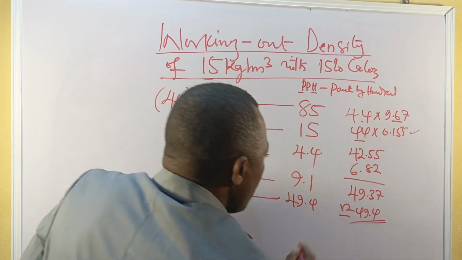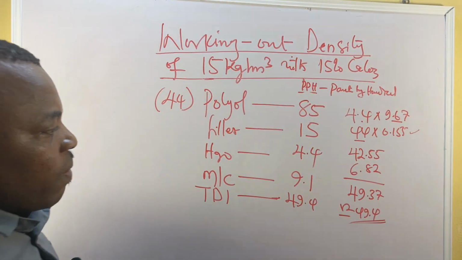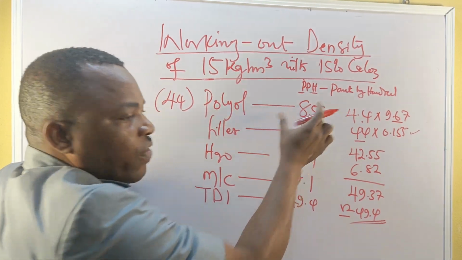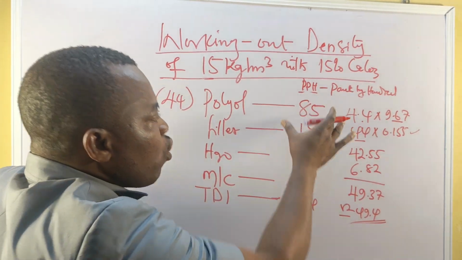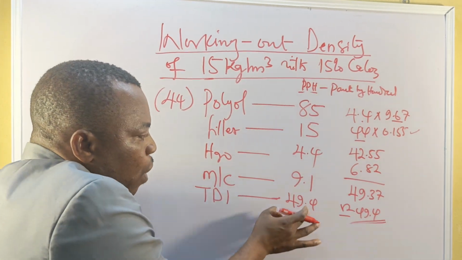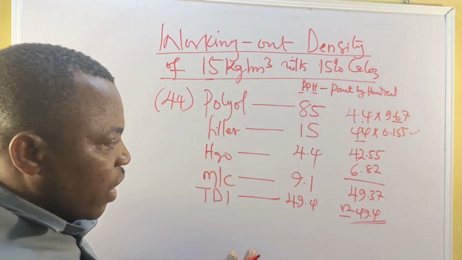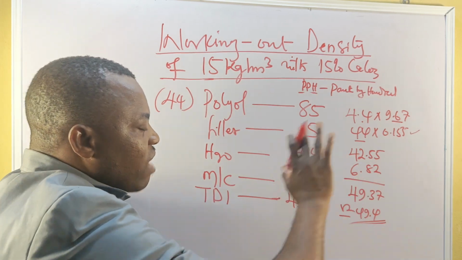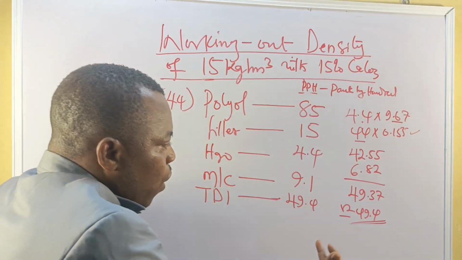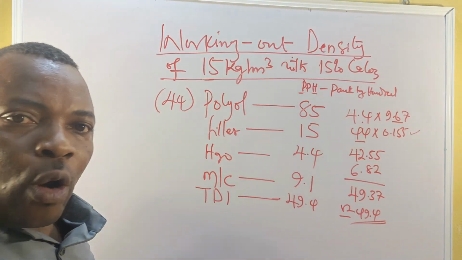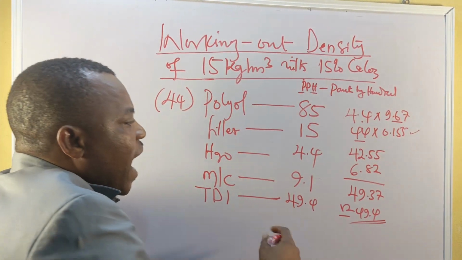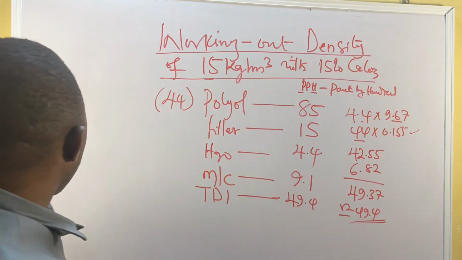But if you choose this one, the foam would be a bit softer. You may have splits, you may encounter a problem during the run, and this foam may not meet your customer specification. So for the safety of the foam, this is where experience comes in to decide at which index I am going to run.